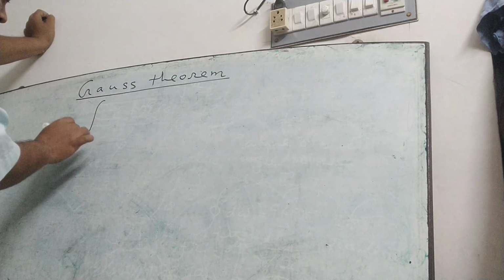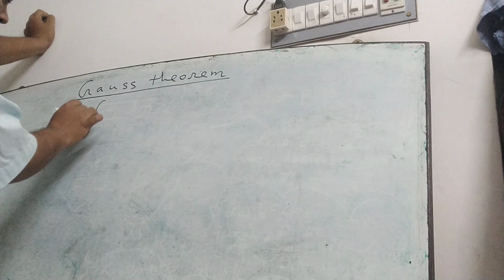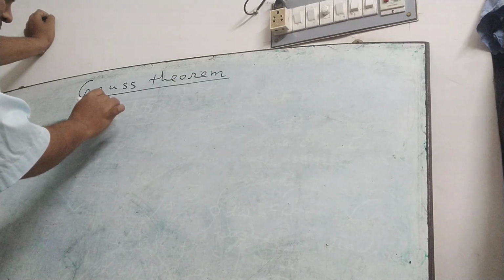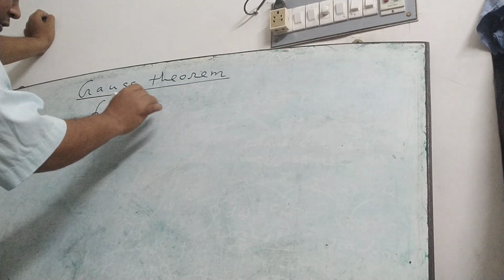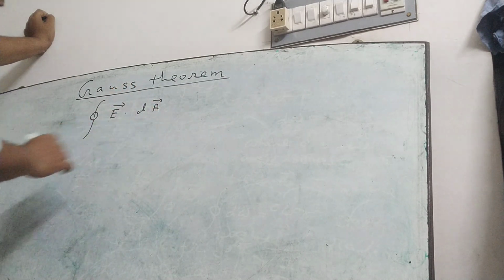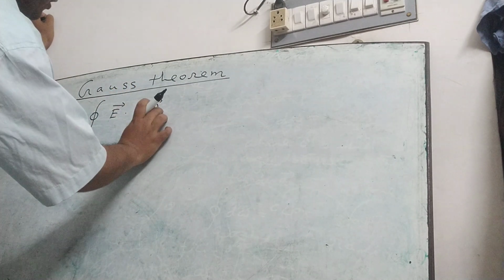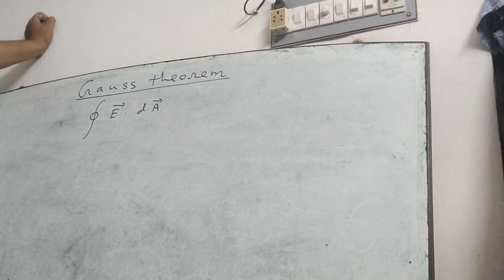That is, closed integration of E dot dA, where A is the surface area. In many books it is denoted by dS.